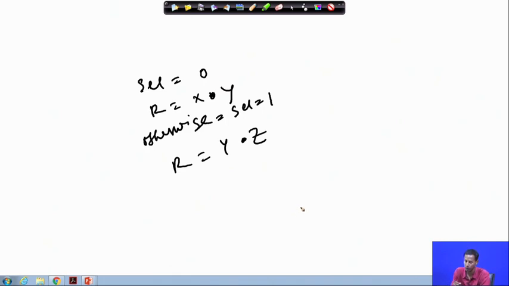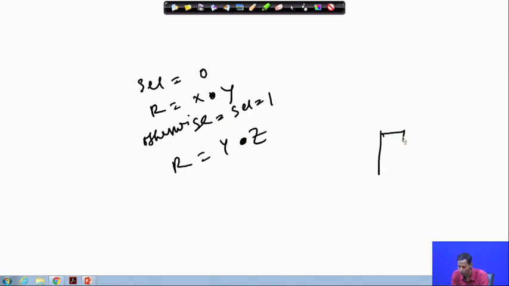So, the direct implementation we have seen needs two multipliers. If I want to use only one multiplier, what can I do?